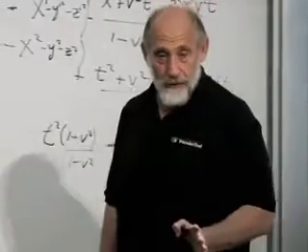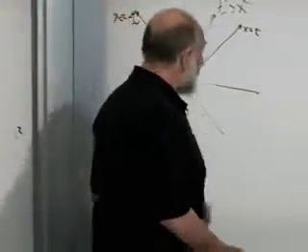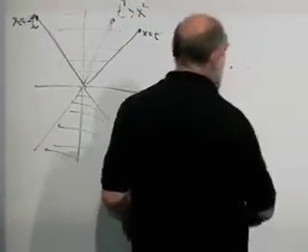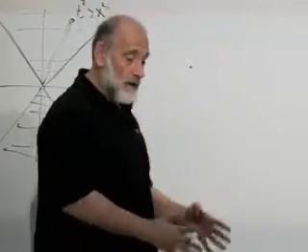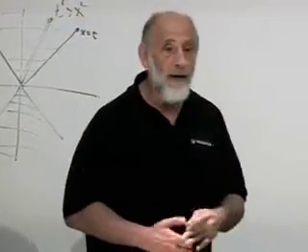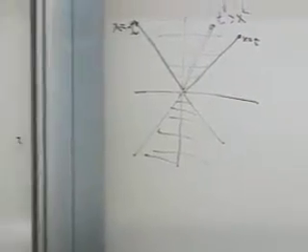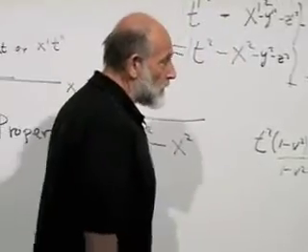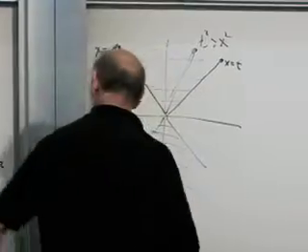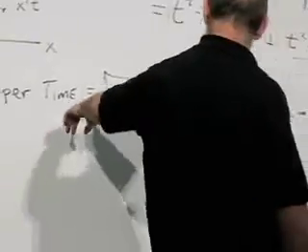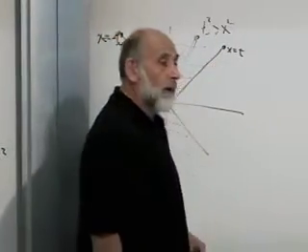Now, this is a big difference between ordinary distance and proper time. Ordinary distance, if the distance between 2 points is 0, those points are the same point. There's no way that the distance between 2 points can be 0 and them not be sitting on top of each other. In Minkowski space, in the space-time describing the special theory of relativity, 2 points can have 0 proper time between them and still not be the same point, here and here. Right?